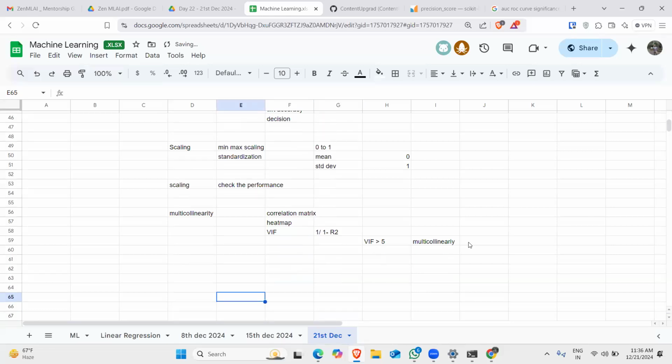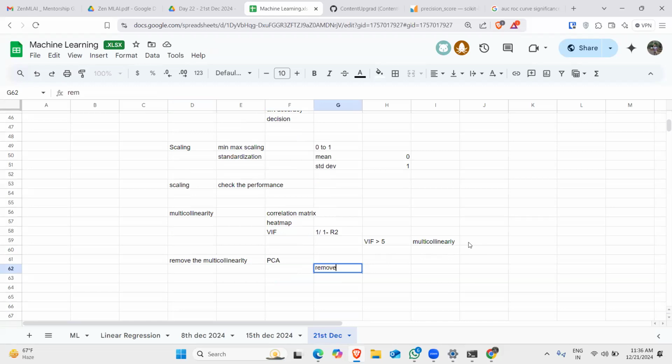Now, once we have done this, we have to remove the multi-collinearity. And how do you remove it? By applying PCA, which we have not studied. Don't need to worry about that; we'll see each and every part about PCA.